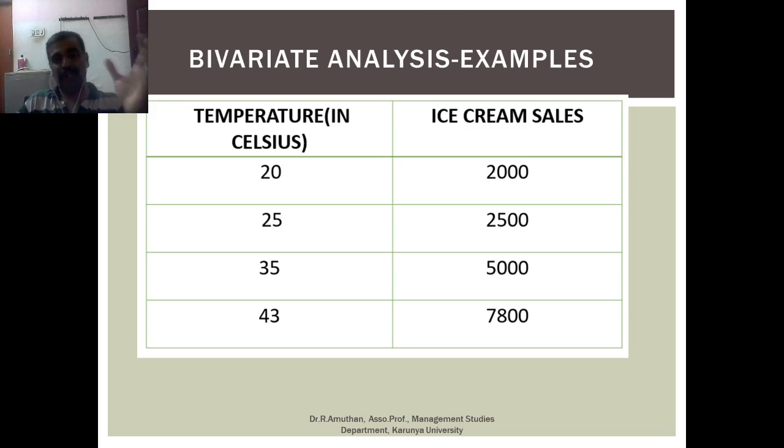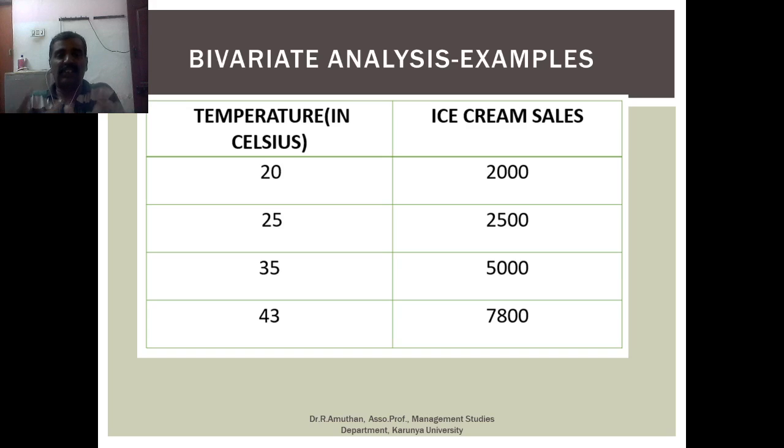If you choose Ahmedabad, at a temperature of 20 degrees Celsius, how many ice creams are being sold across the district? 2,000. At 25, it comes up a little bit, and then ice cream sales shoot up. When it comes to 43, the ice cream sales reach a number of 7,800.